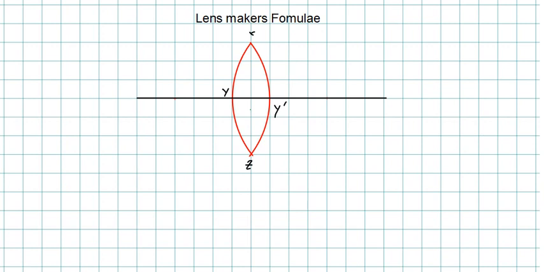The capability of the lens also depends on the refractive index of its surrounding. So this is N2, this is N1, N2 being the absolute refractive index of the material of the lens.